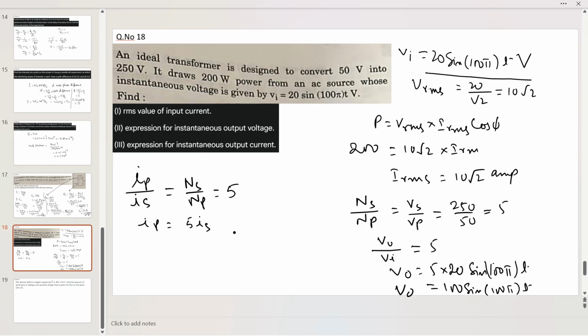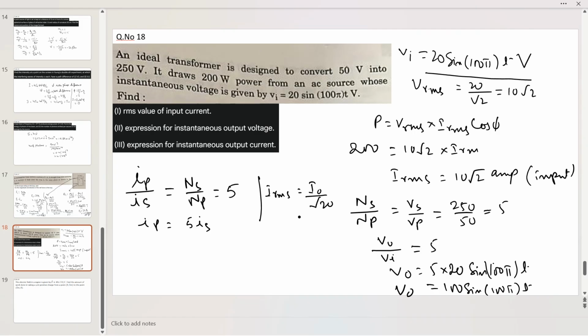Now here you have to find out Is. For this, we know that your Irms is equal to I naught by root 2, and this is for the primary, that means the input current.